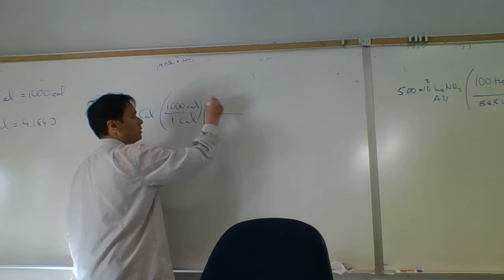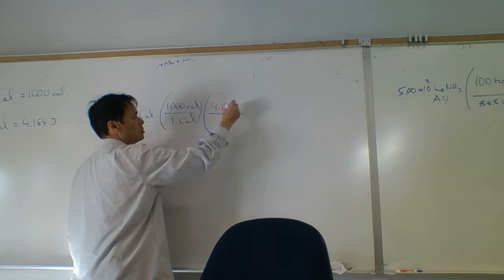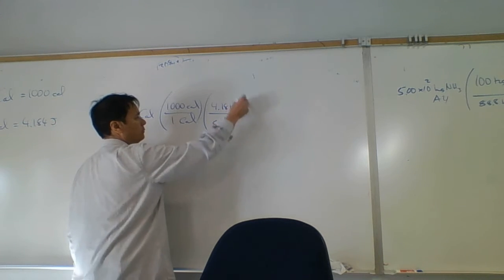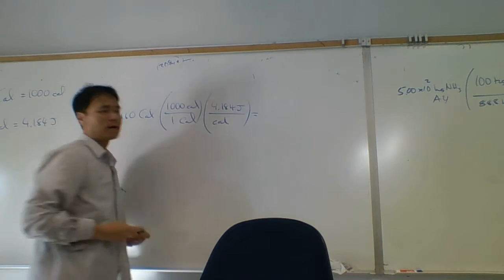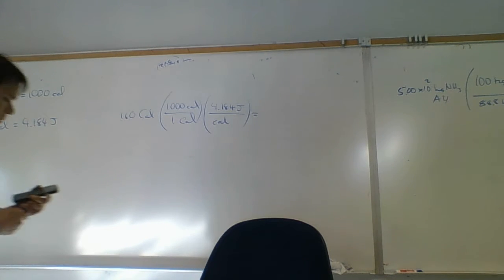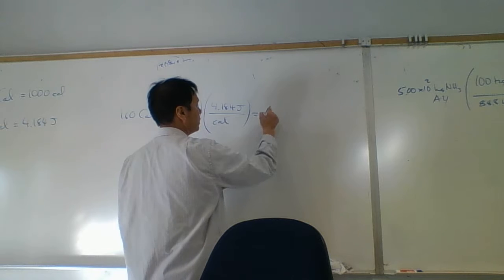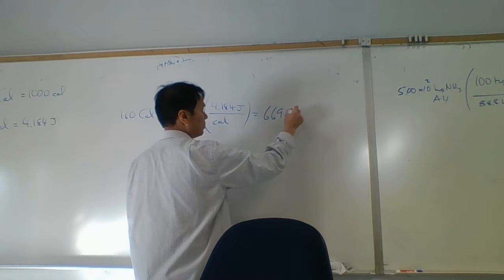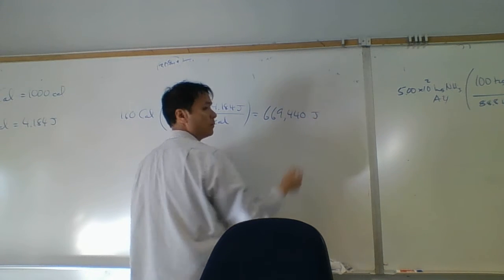And then I know that there's 4.184 joules per little calorie. So what does that come out to? 160 times 1,000 times 4.184 is 669,440 joules.